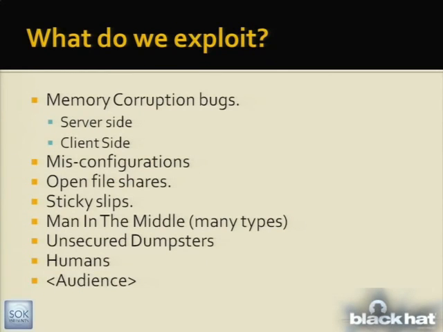Open file shares, sticky slips, man in the middle, many types, unsecured dumpsters, humans, not the other way. Is there something you want to add to this? What do we exploit? No one? Okay.